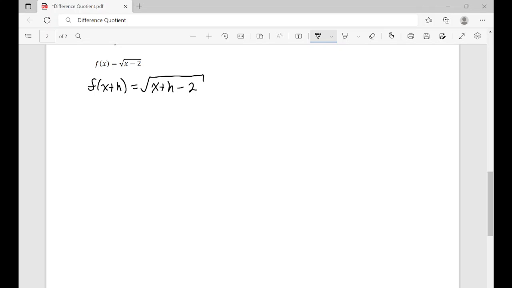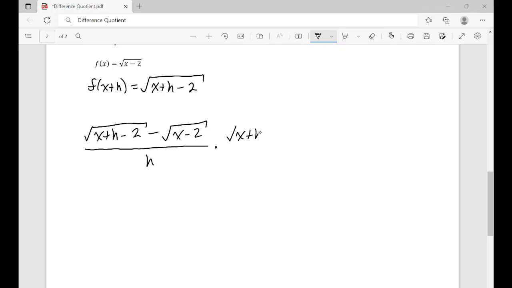When we plug this into our difference quotient, we have the square root of x plus h minus 2 minus our function, the square root of x minus 2, all divided by h. Now, there's really nothing we can do here, so we're going to multiply the top and the bottom by the conjugate of the top. So it's going to be the square root of x plus h minus 2 plus the square root of x minus 2, all divided by the exact same thing again.